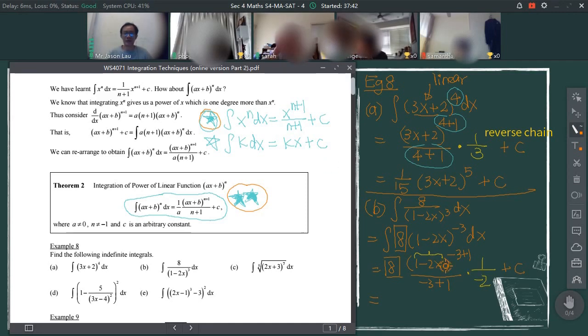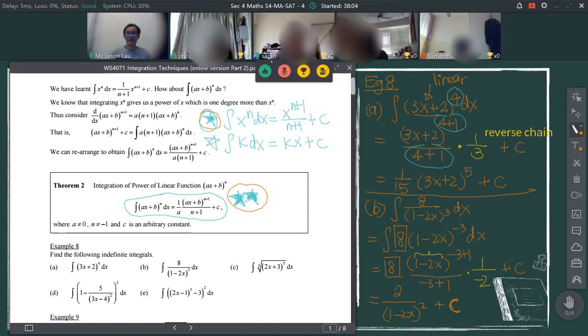So after that, you just simplify it. Then you have 2 over (1 minus 2x) squared plus c. Do your mathematics: 8, -2, -2, -4, 2.